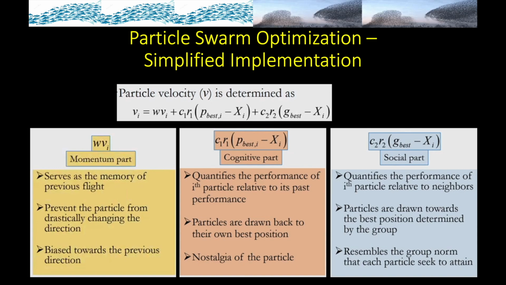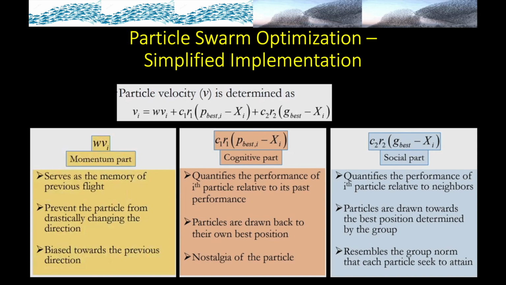So how important is the previous direction? The W Vi dictates that part. That is why it is called momentum, and changing momentum is very hard to achieve. W Vi assures that the previous velocity does have a lot of say in the current velocity, depending on the value of W.